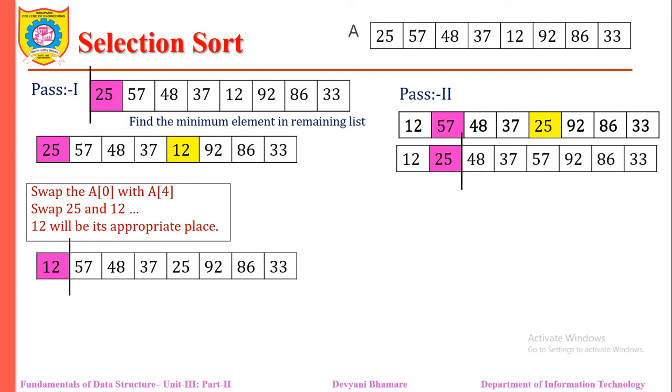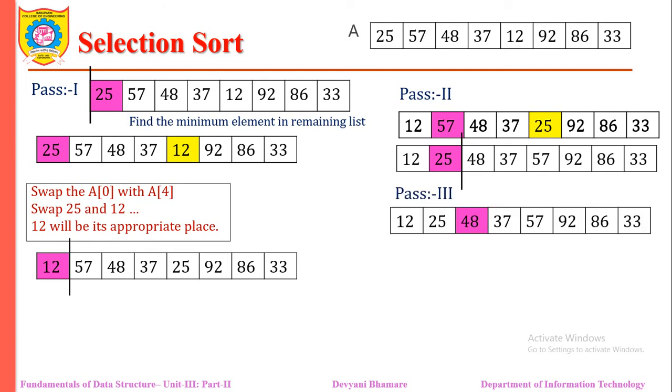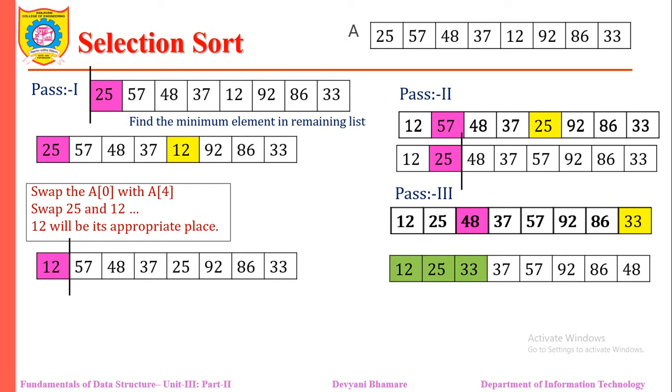In the next pass, we identify the next minimum element, which will be exchanged with the position A[2]. So 48 and 33 are being swapped.